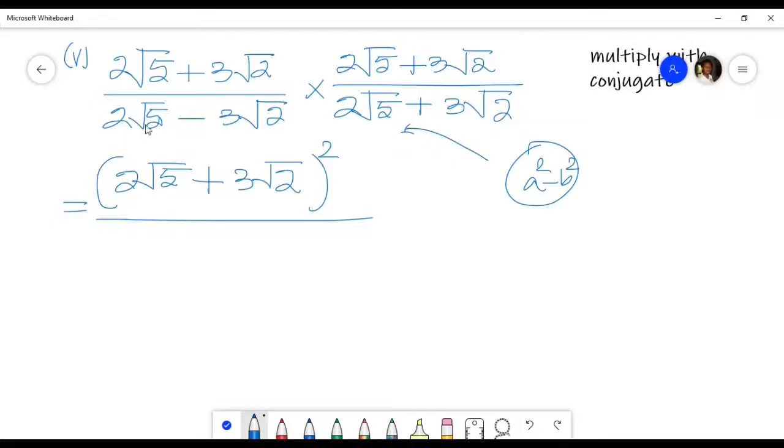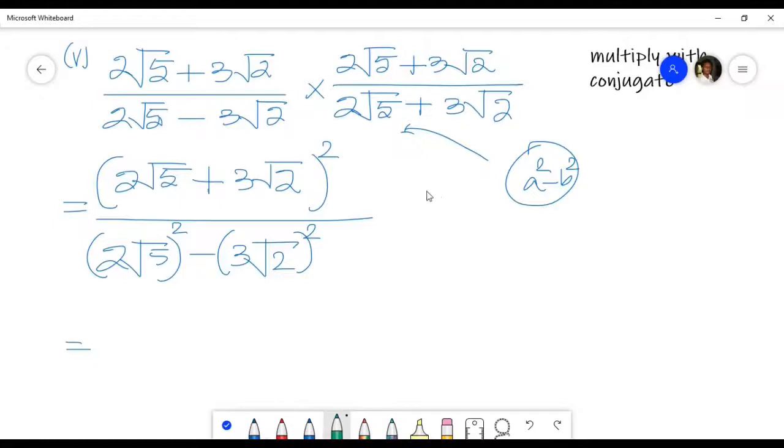So that's what we'll be writing in the denominator. 2 root 5 whole square, that resembles a, minus 3 root 2 whole square, that resembles b or b square. Let us simplify it further. Now the expression a plus b whole square, what is the expansion of this expression a plus b whole square? I'm sure you remember this.